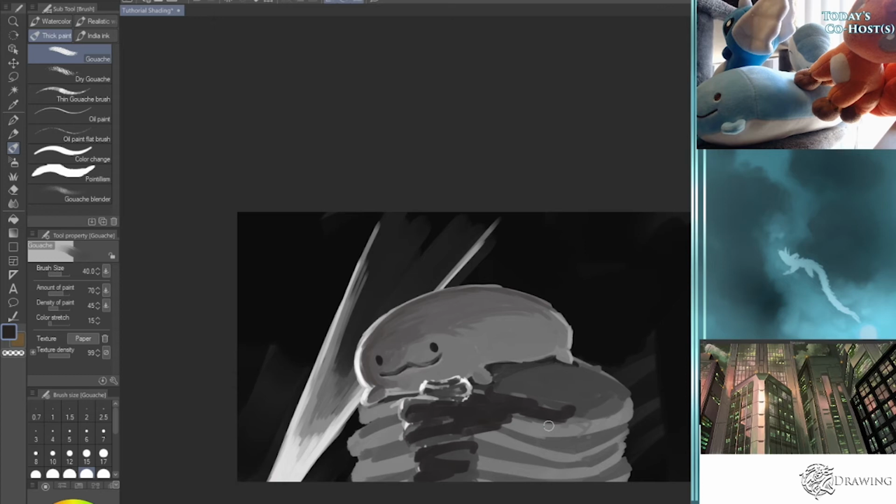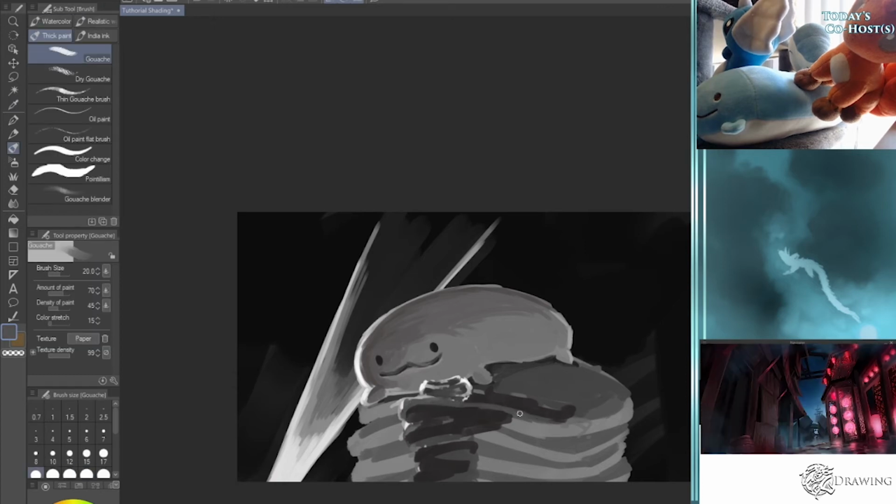But you'll notice something is, now I'm starting to lose the volumes here. I want to always be sure to keep the volumes in mind.